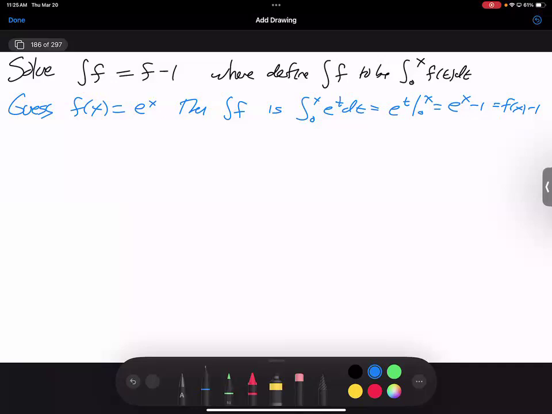So let's try to solve. So we want to solve the integral of f equals f minus 1. So this is the same as f minus the integral of f equals 1. Or 1 minus integral acting on f equals 1.